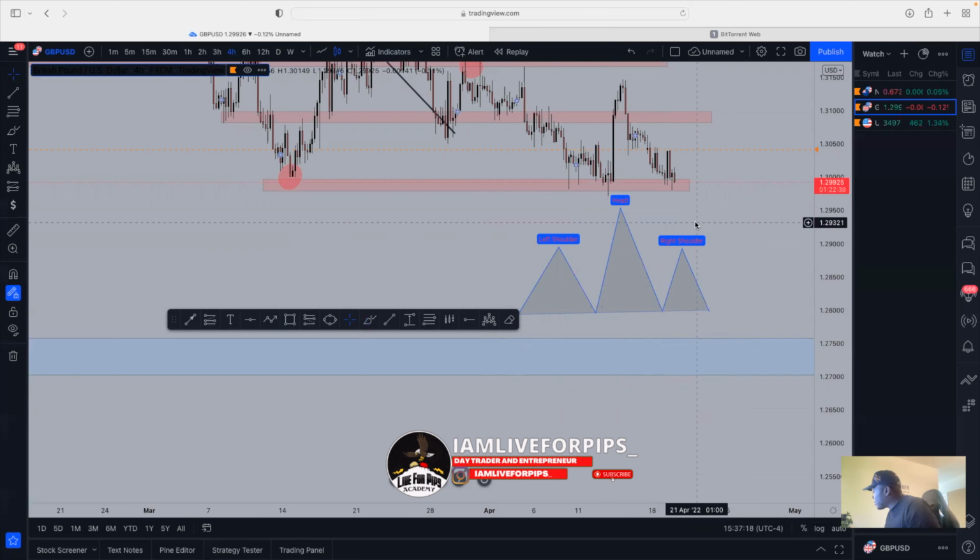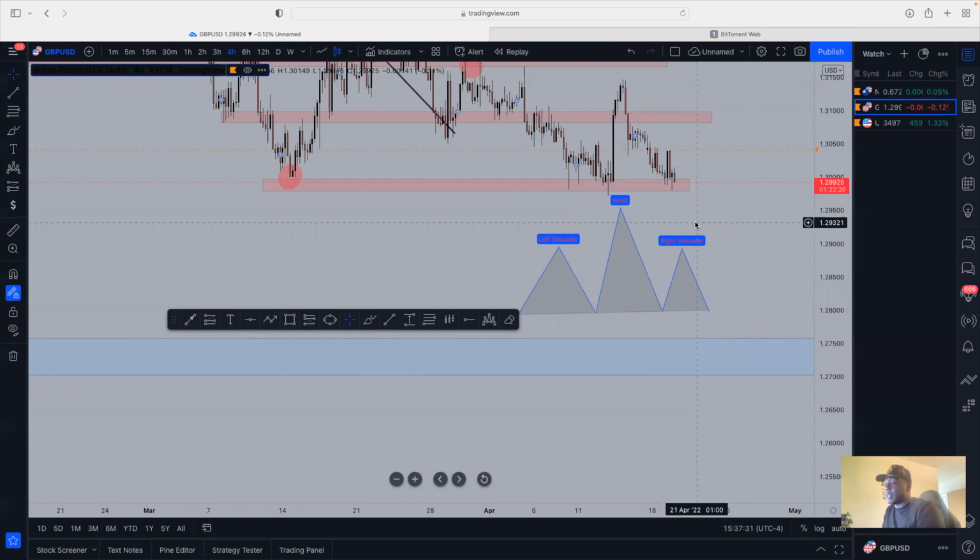Draw your support and resistance zones, cool. You're going to identify your trend, cool. You're going to do what now? Identify the pattern that the market is giving you at the current moment. And if you know that pattern and understand how to trade that pattern or a piece of that pattern, you can apply yourself now. You can apply your SNR with your patterns because what?